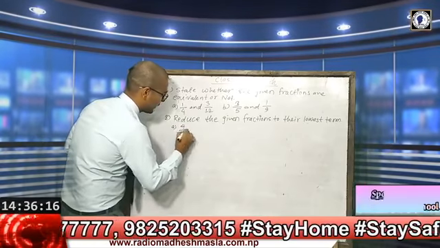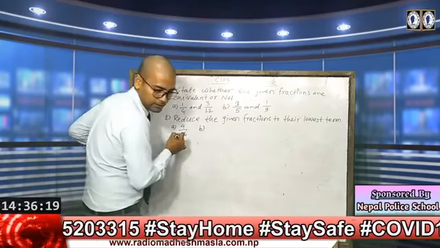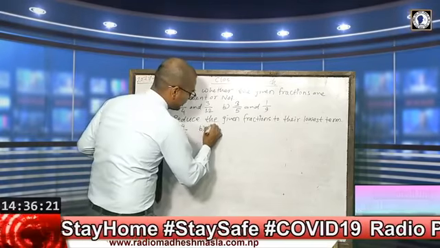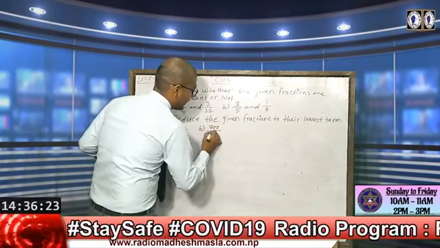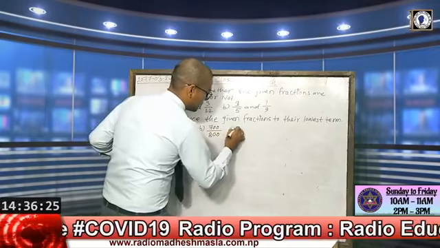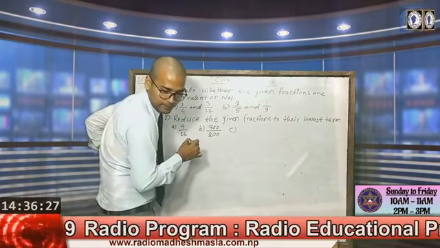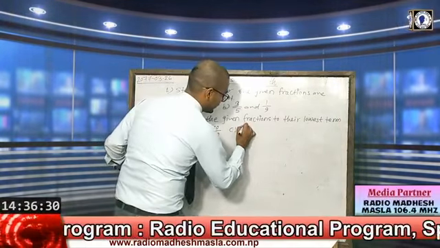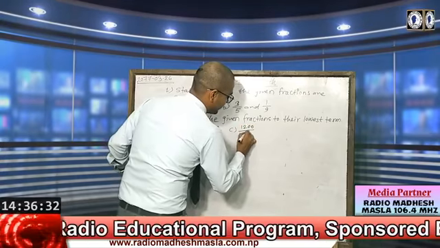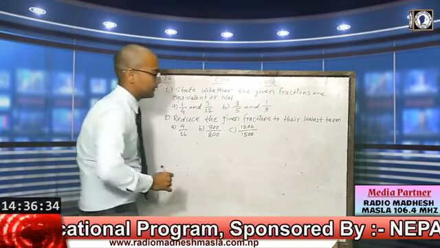In question B there will be 700 by 800. In question C there is 1200 by 1500.